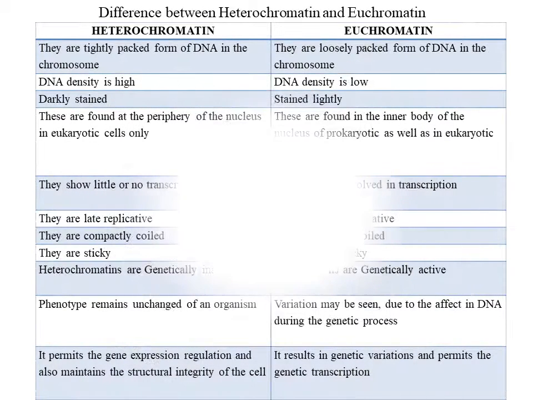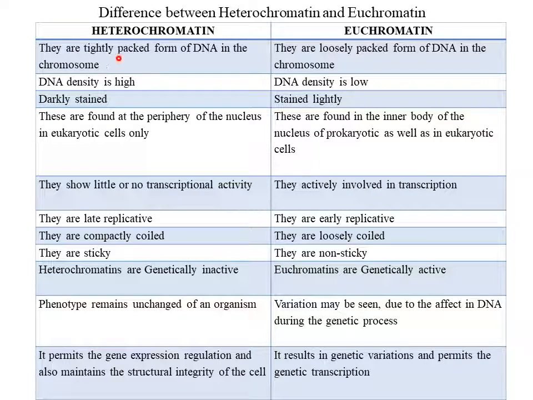We can see the difference between the heterochromatin and the euchromatin. In heterochromatin, the DNA is tightly packed, but in euchromatin, it is loosely packed. The DNA density is high in heterochromatin, but low in euchromatin. Heterochromatin is darkly stained, but the euchromatin is stained lightly.